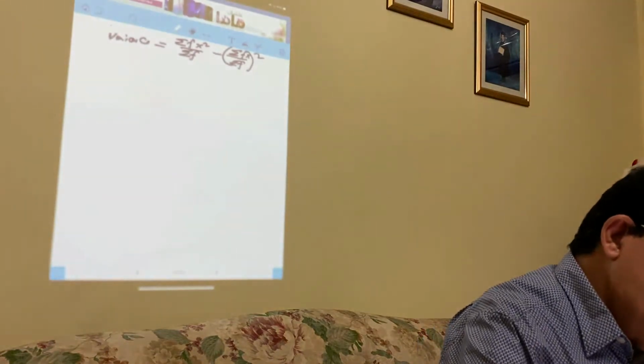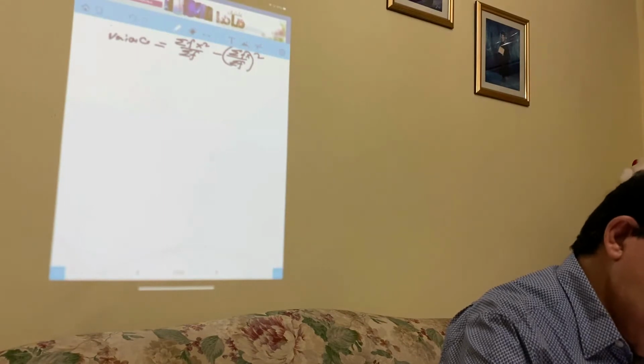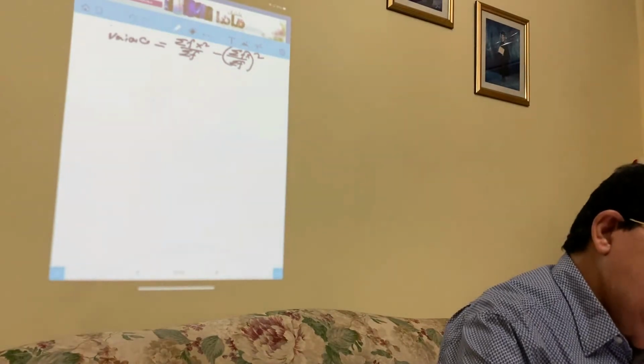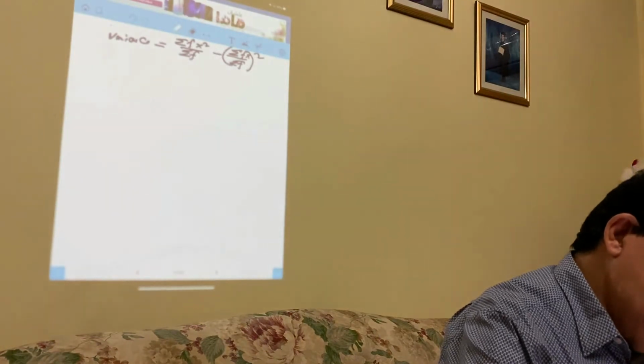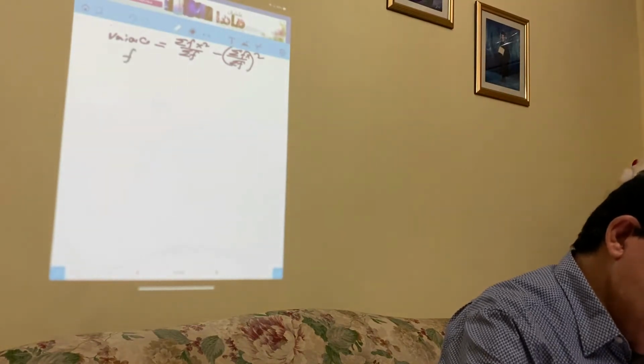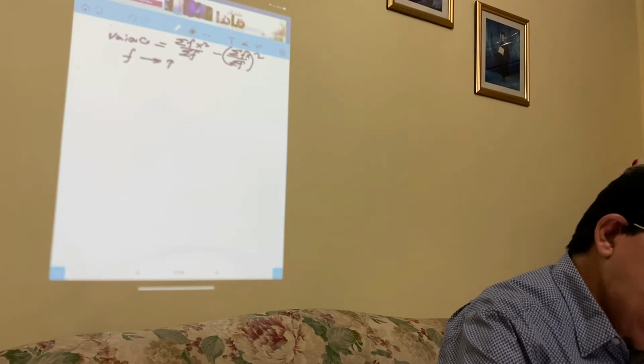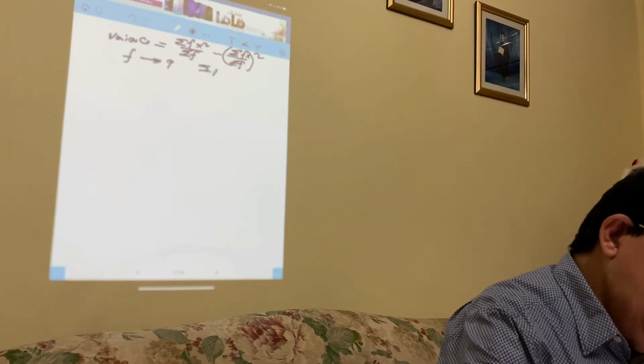When this is applied now for a probability distribution, we have f replaced by p, and sigma p is 1.